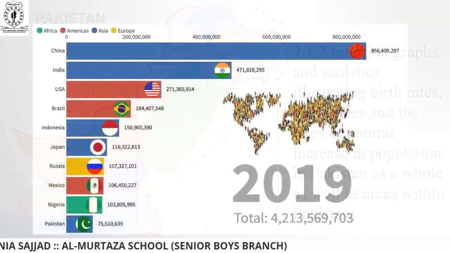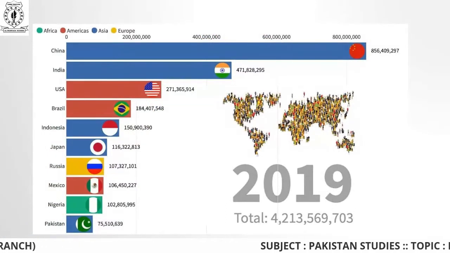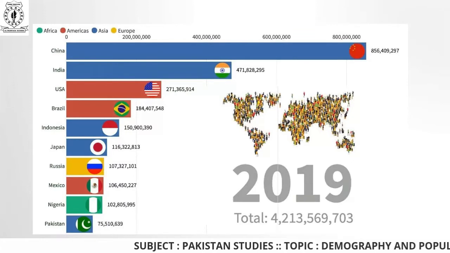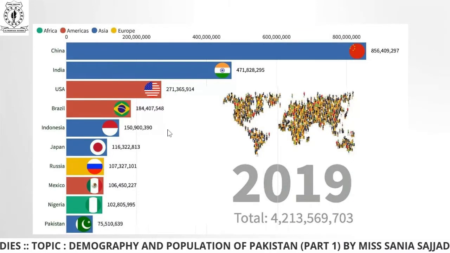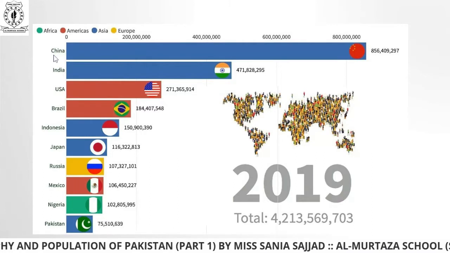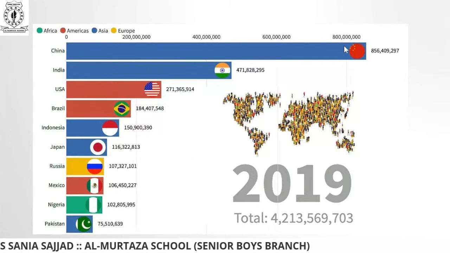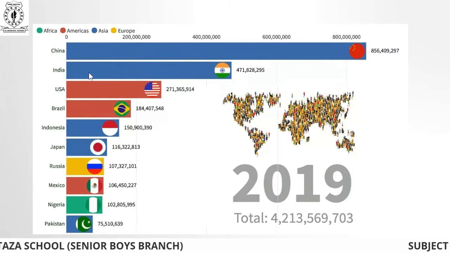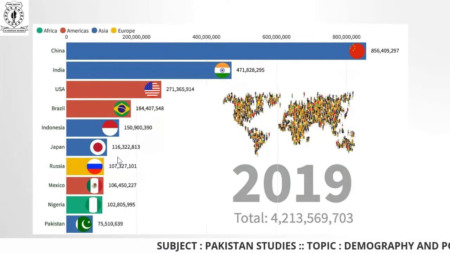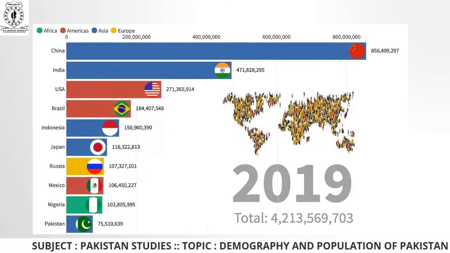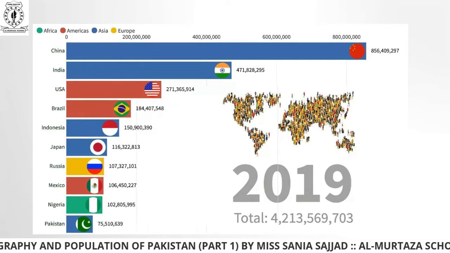Now, you can see there's a graph given over here, illustrating different countries. It is basically a chart of 2019. You can see very clearly China with the largest territory in the world. The others have different total populations as compared to one another, but similarities among the total populations of different countries won't last long.